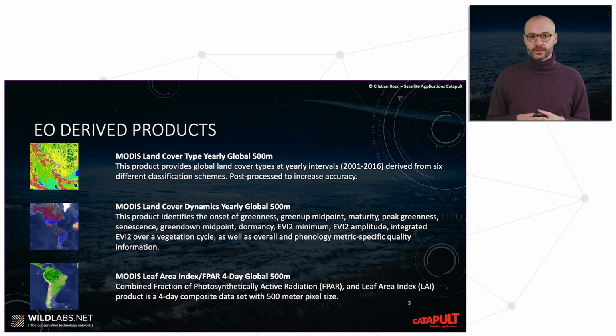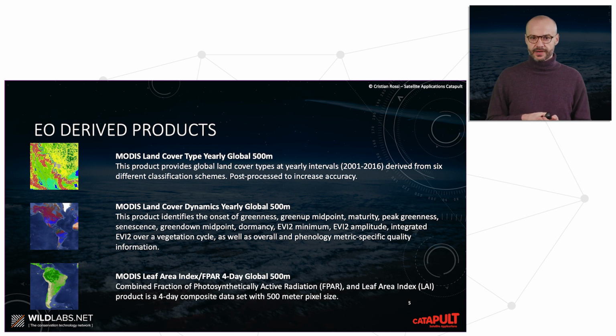MODIS has a lot of products associated to the mission, such as land cover type, with the 500 meters yearly global description of the land, as well as the dynamics, which is the onset of greenness, the maturity, peak, senescence, and so on.